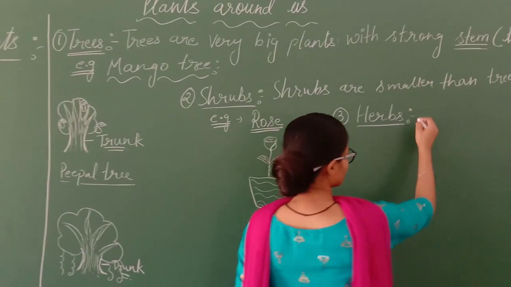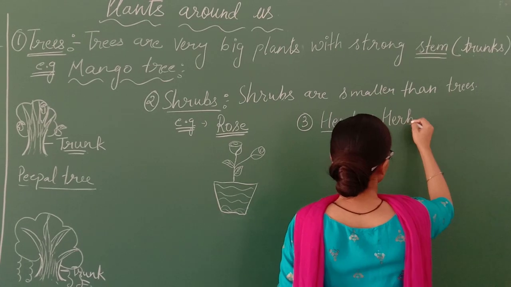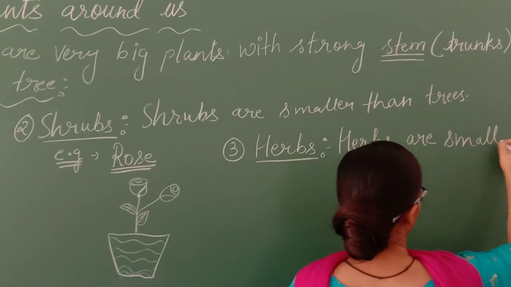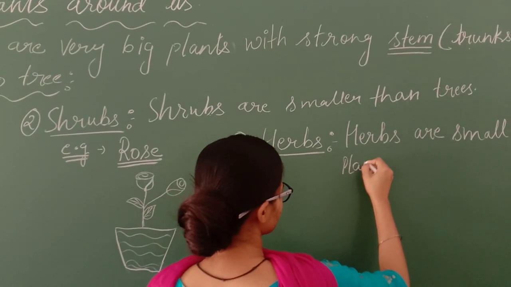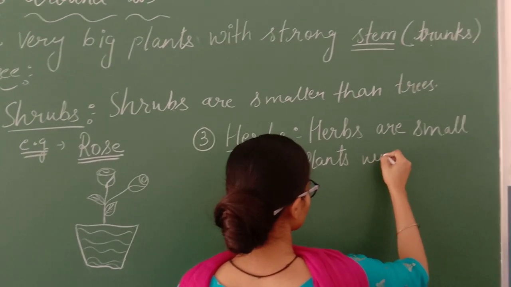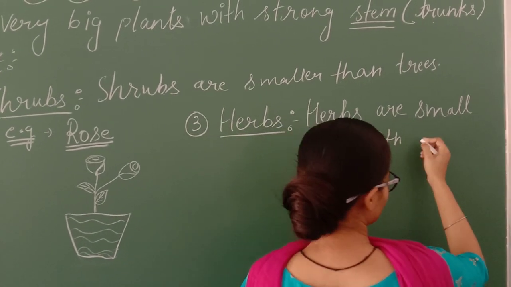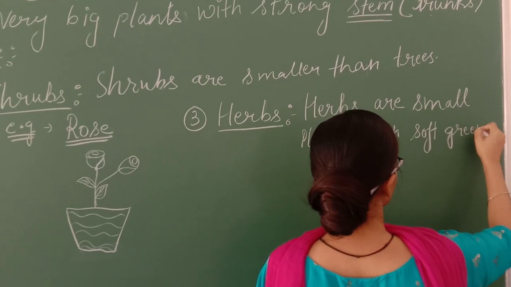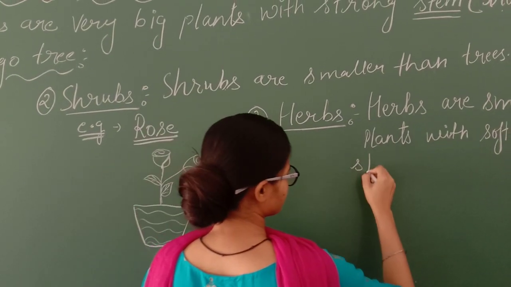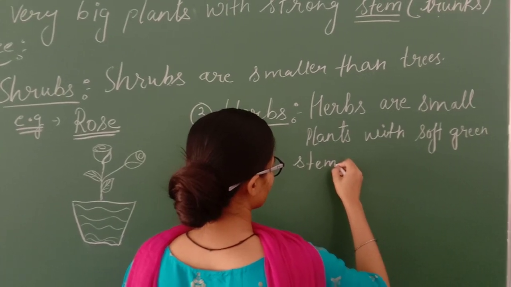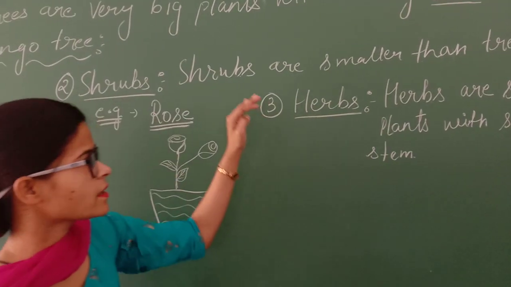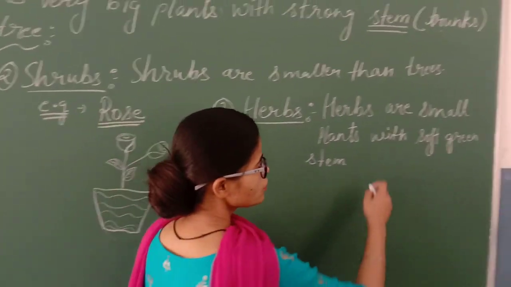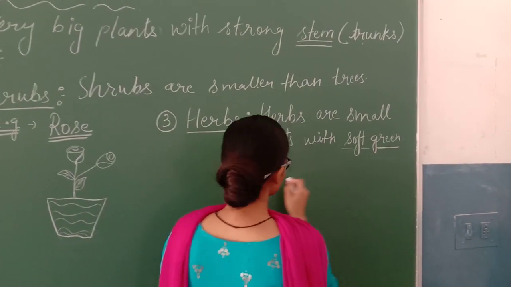Herbs are small plants, and they have a soft green stem.